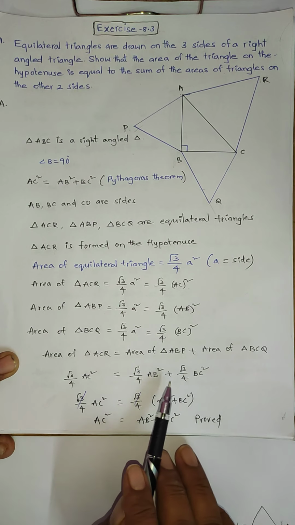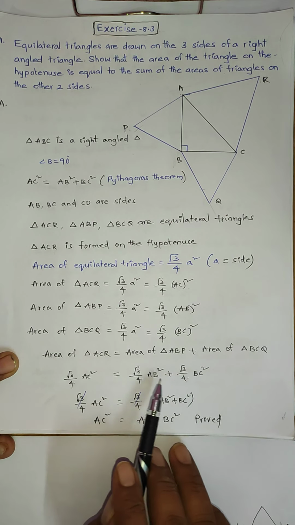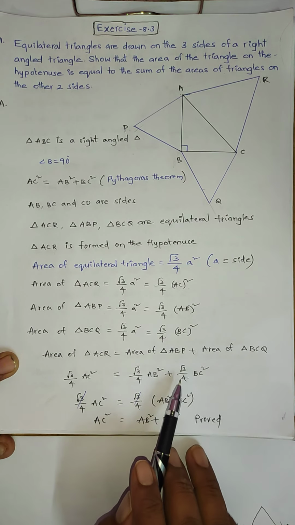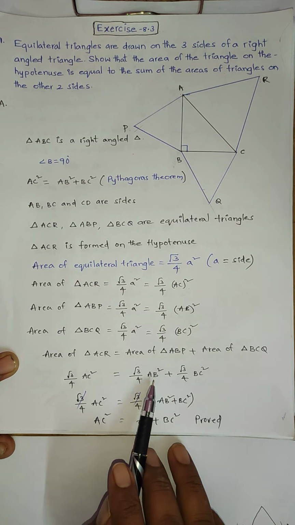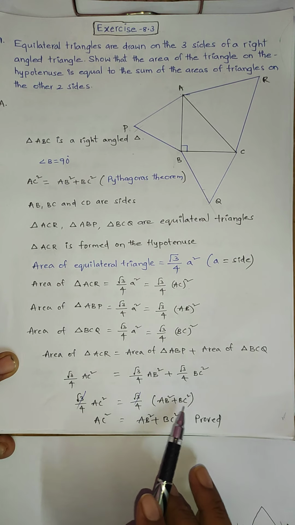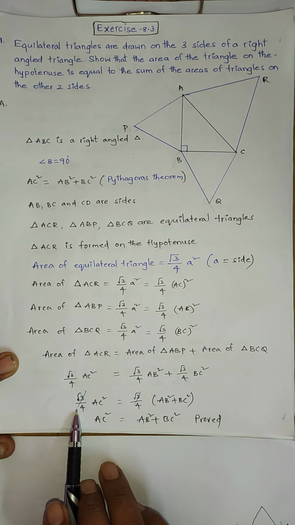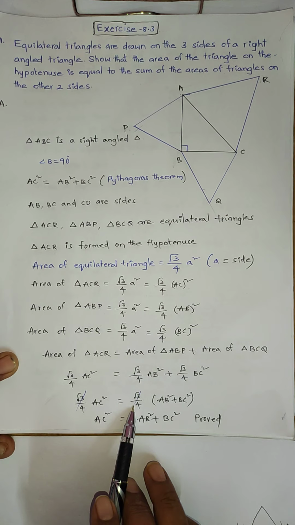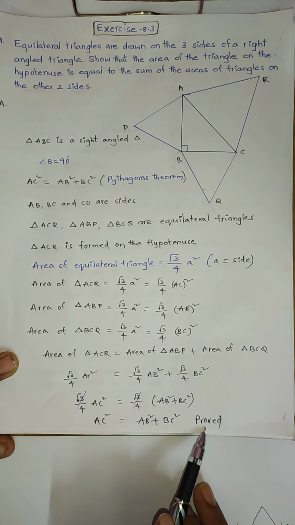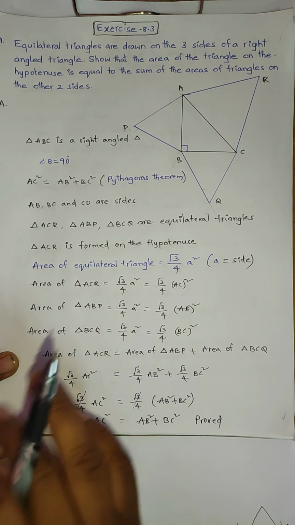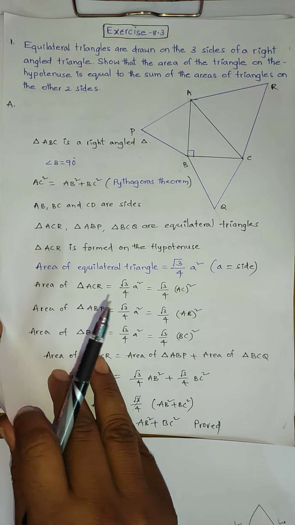In these two terms, root 3 by 4 is common, so root 3 by 4 is taken outside, remaining AB square plus BC square. On the left hand side also, root 3 by 4 gets cancelled. AC square is equal to AB square plus BC square. Hence we proved. First one completed.